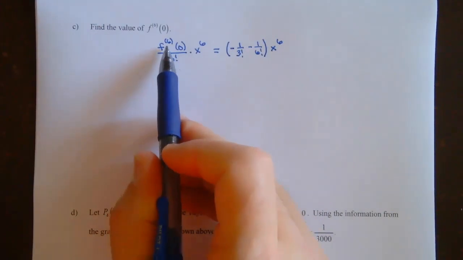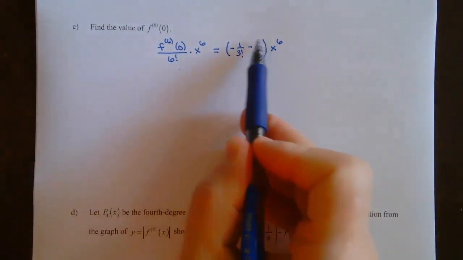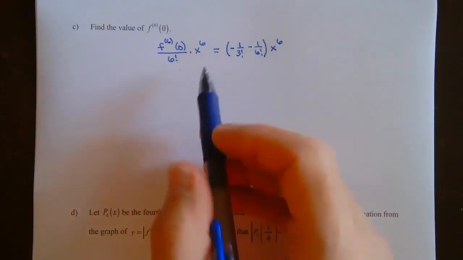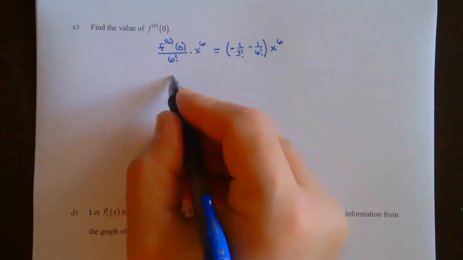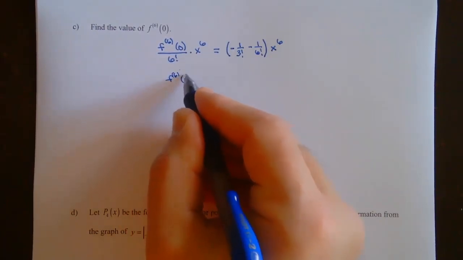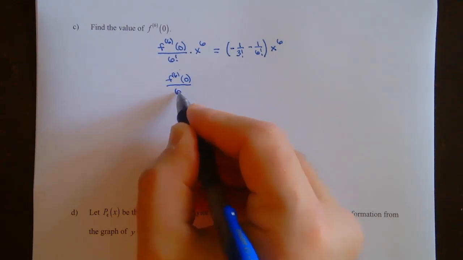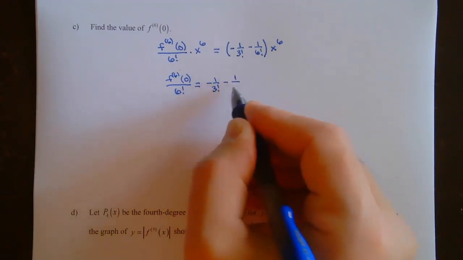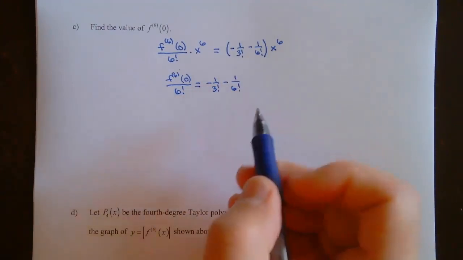So the 6th derivative at 0 over 6 factorial is this number right here. Okay, so I'm going to write this so it's the 6th derivative at 0 over 6 factorial. We know that must equal negative 1 over 3 factorial minus 1 over 6 factorial. Those have to be the same.